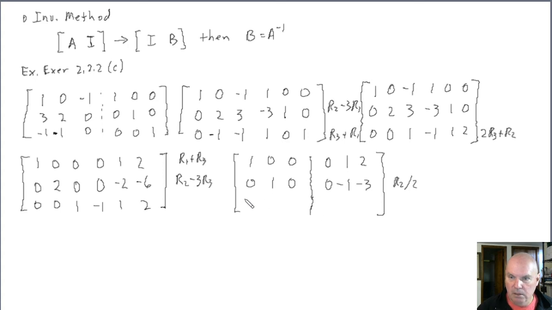And then finally 0, 0, 1, minus 1, 1, 2. So this is now in the form [I | A inverse]. So A inverse in this case has rows 0, 1, 2, then 0, minus 1, minus 3, and then minus 1, 1, 2.